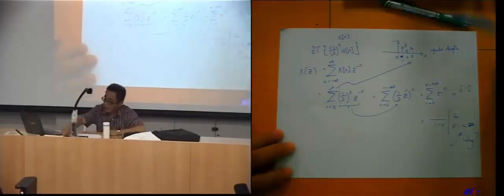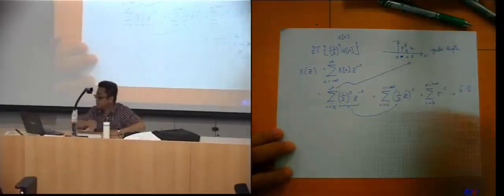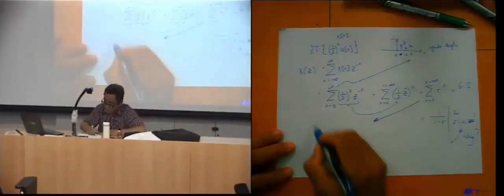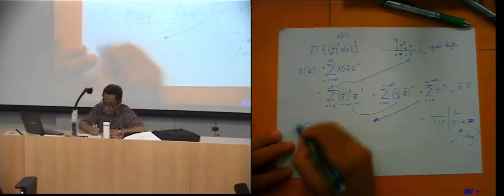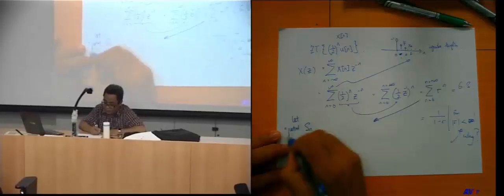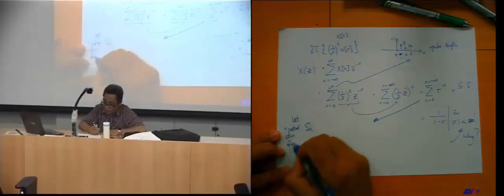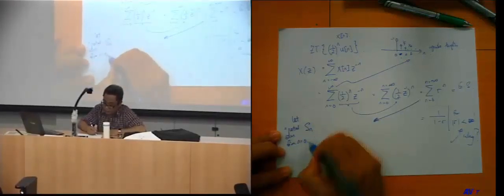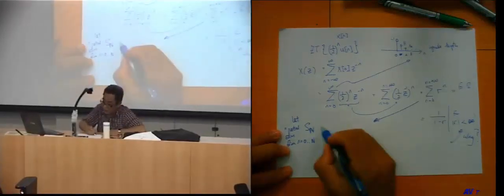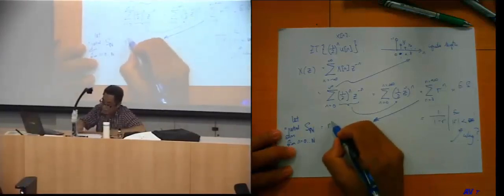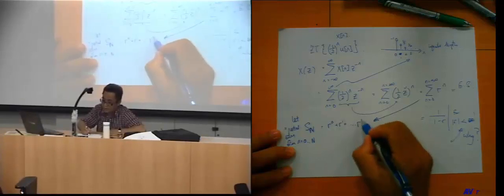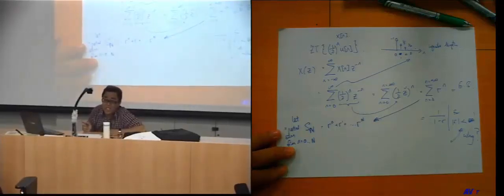So to find out why, we open up S of N, let S of N equal the partial sum from n equals 0 to big N. That means it equals r^0 plus r^1 plus so on until r^N. Agree?